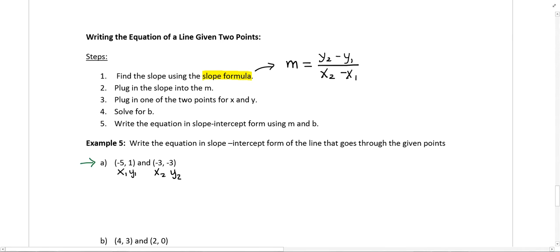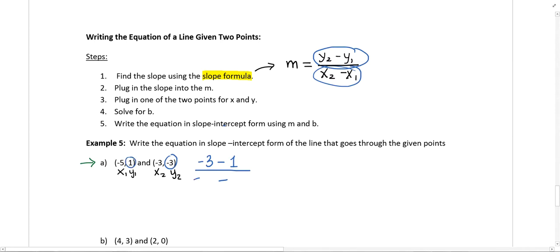Okay, so let's find the slope first. So remember with this formula, the y's go on top, the x's go on bottom. So my y's are 1 and negative 3. So I'm going to do negative 3 minus 1. So that's this negative 3 minus 1.